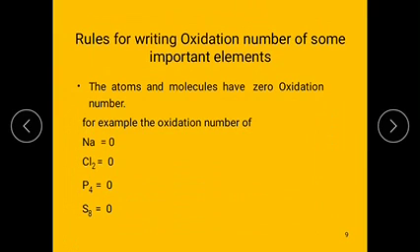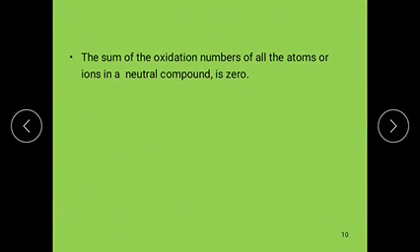And next one is the sum of the oxidation numbers of all the atoms or ions in a neutral compound is 0. Okay, the sum of the oxidation numbers of all the atoms in a molecule or ion in a neutral compound is equal to 0.